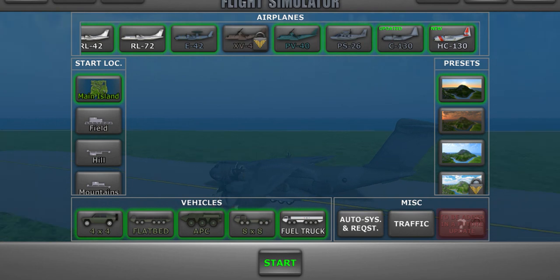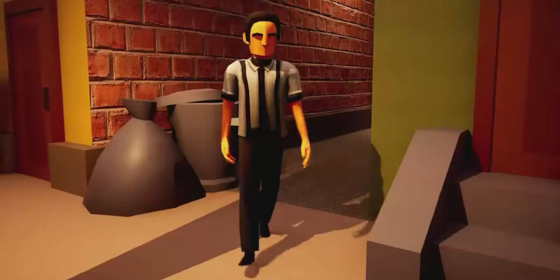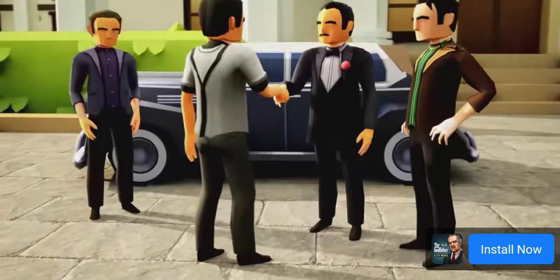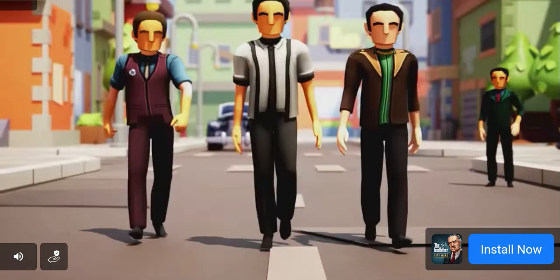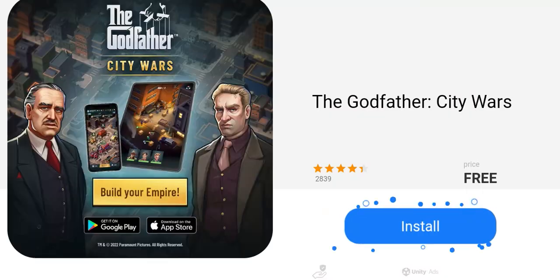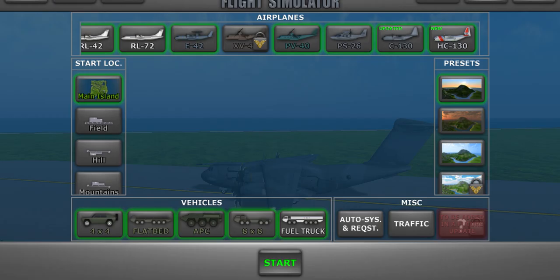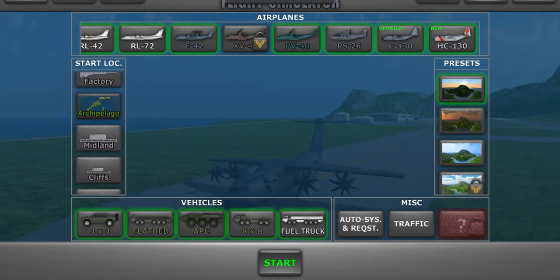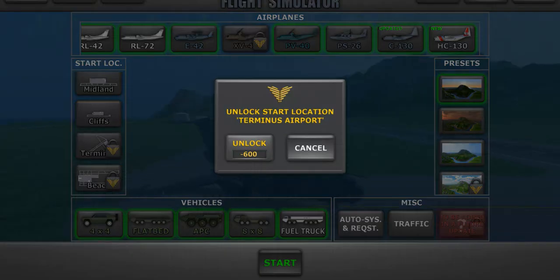Well, one area. I actually wanted to be 600?